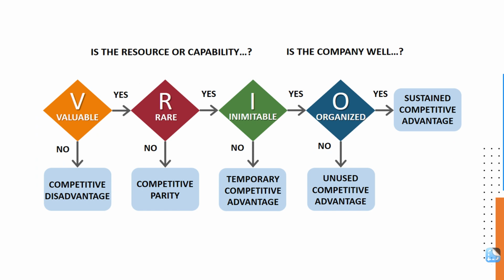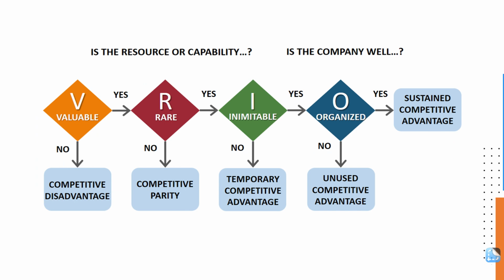If your resource or capability is rare, if yes, go for inimitable. If your resource or capability is inimitable, then go for organized. If you organize the resource or capability which has rare value and is inimitable, it will lead to sustained competitive advantage.